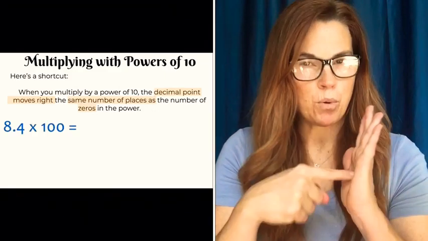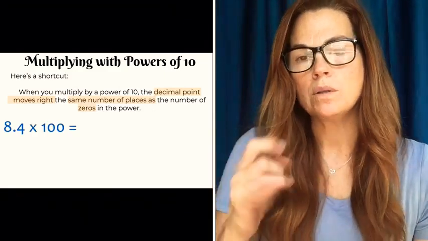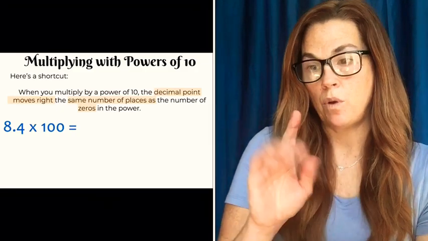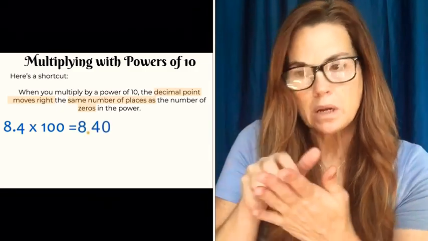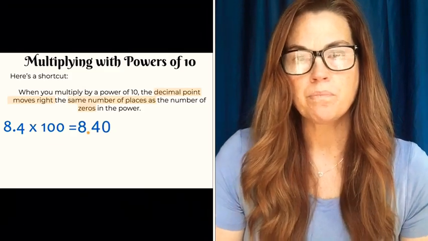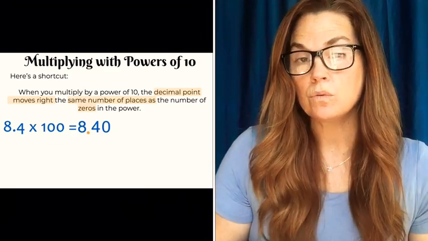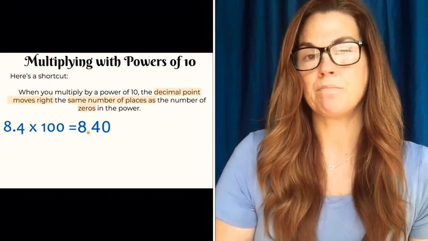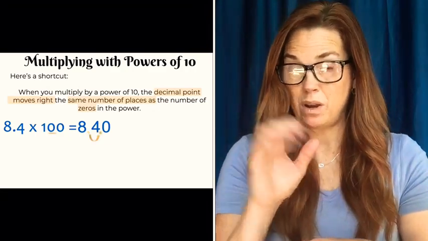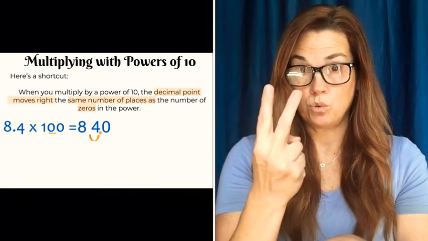If you had 8.4 times 100, there's no need for long scratch work and there's no need for a calculator. The original value that you started with was 8.4. Since there are 2 zeros in 100, the first zero, I'm going to move the decimal to the right 1 spot.